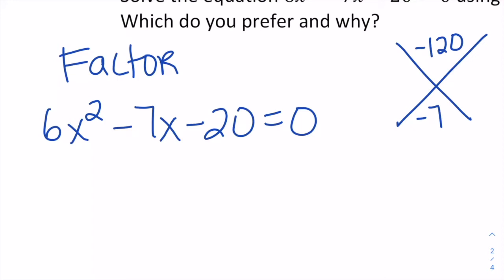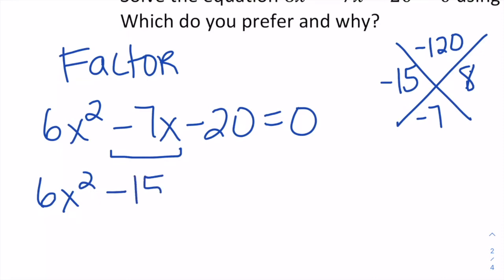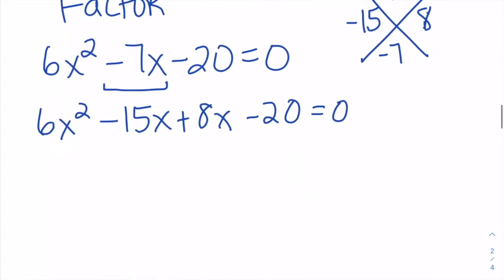So 2 factors of -120 that add up to equal -7 are -15 and 8. So what I'm going to do is split apart this -7, so use decomposition, and we're going to make that 6x squared minus 15x plus 8x minus 20 equals 0. And now we can use grouping.